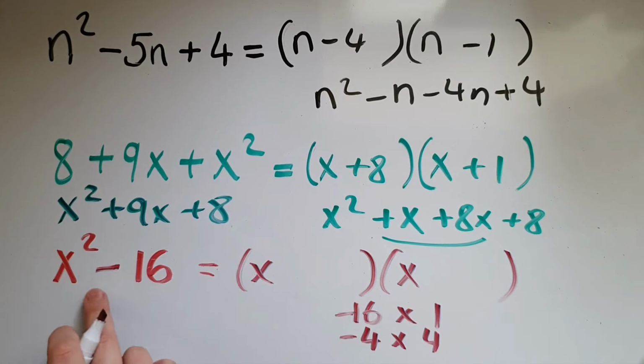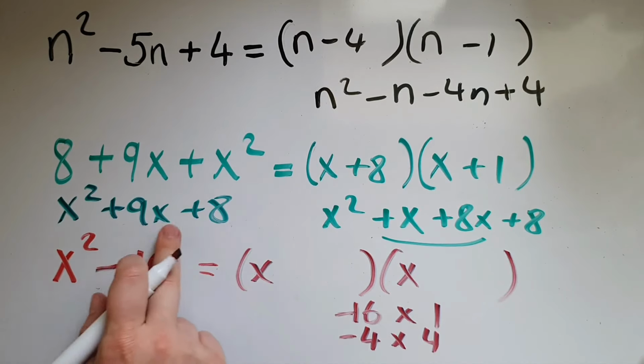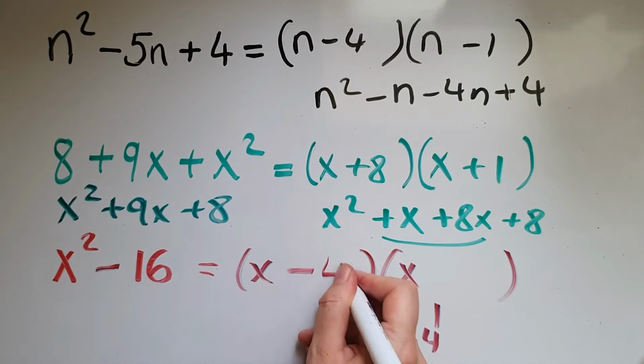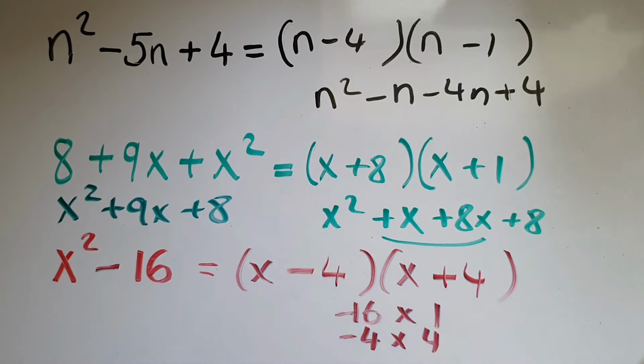So there are 0 lots of x. That's why the multiple of x is missing here. That middle term is missing. So I'm going to put negative 4 and positive 4, and let's reverse the process.